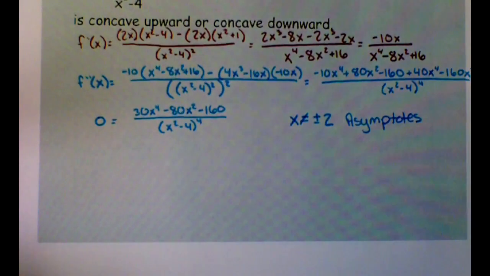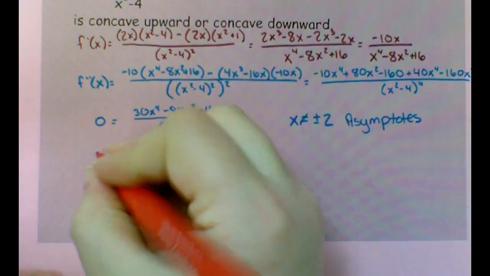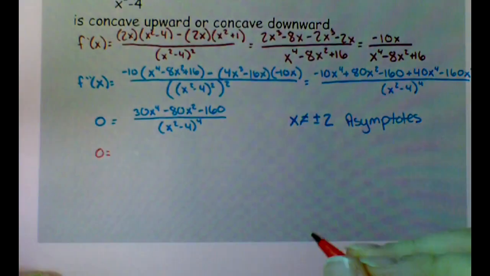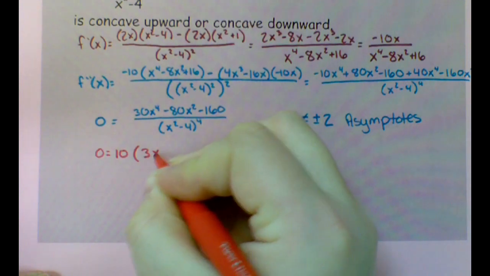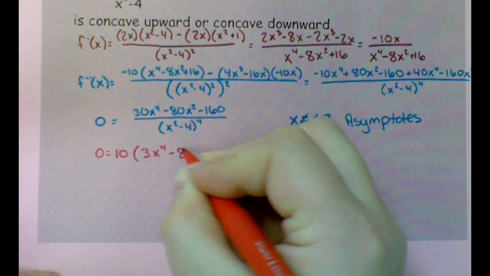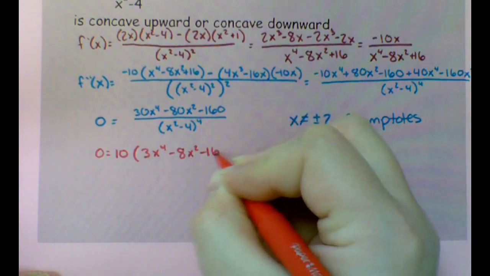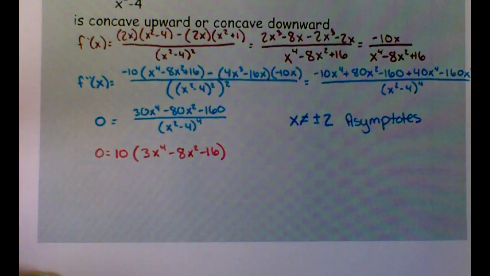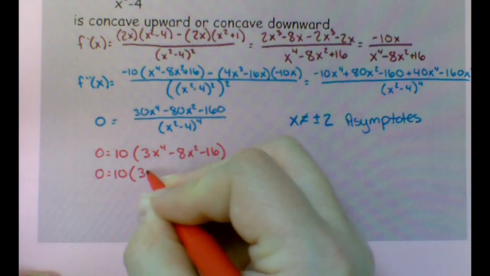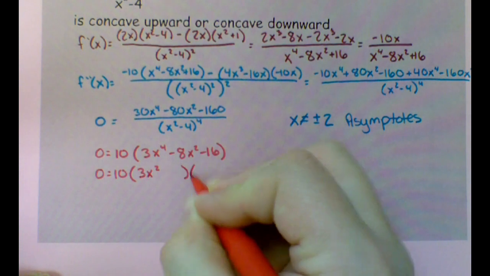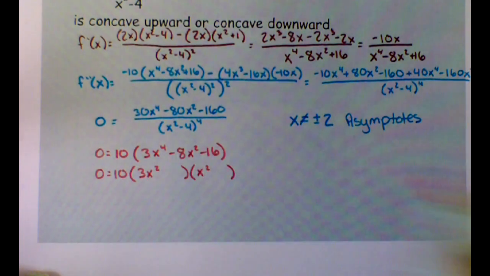Let's find anywhere else that the function equals 0. We're going to set the numerator equal to 0. When I set that numerator equal to 0, I'm going to start by taking out a 10 right away. 3x to the fourth power minus 8x squared minus 16 now. Those numbers are a bit easier to work with. I'm going to try to factor this. The only way to break apart 3x to the fourth power is 3x squared and x squared.